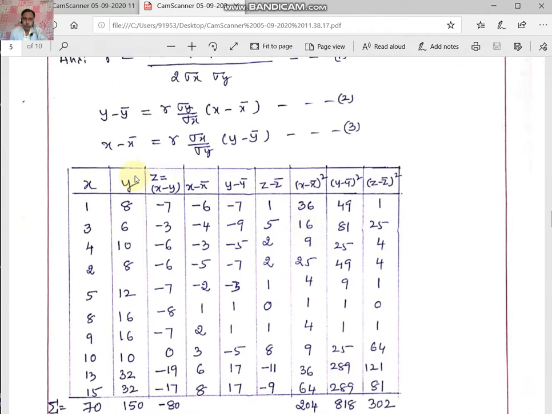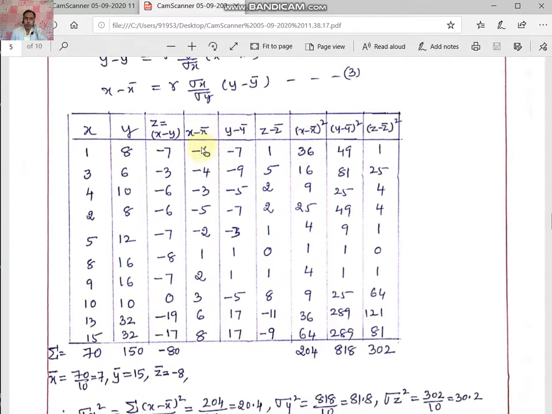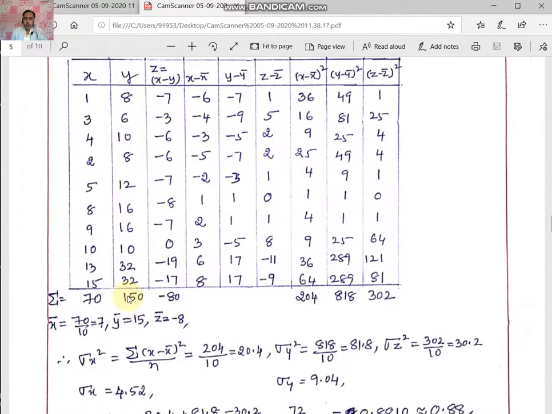Then the formulation of the table. X values are given in the data, y values are given in the data. Take the difference of x and y, call it z, and this is the third column, z values. Then the average values of x, z, and y. Add all x values, sigma x is 70, divided by 10, n is equal to 10. You will get x bar, the average value of x, which is 7.